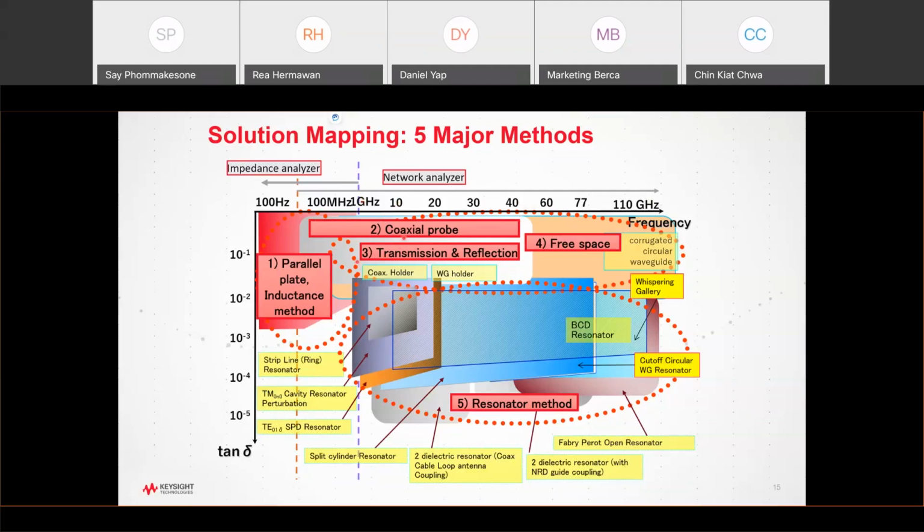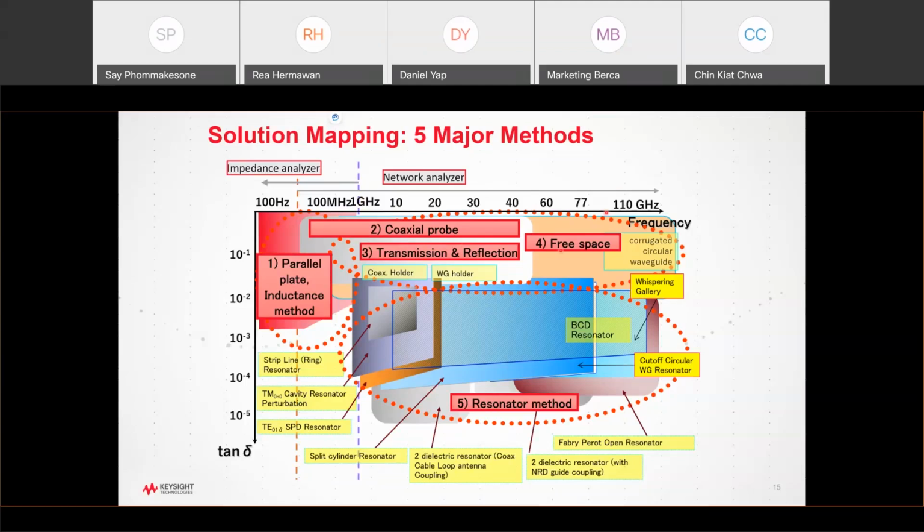The reason for this is the fixture uses a waveguide medium, so the aperture could be too small at high frequency. And at high frequency, the transmission line is not available based on the fixture, because the sample could be difficult to fabricate.